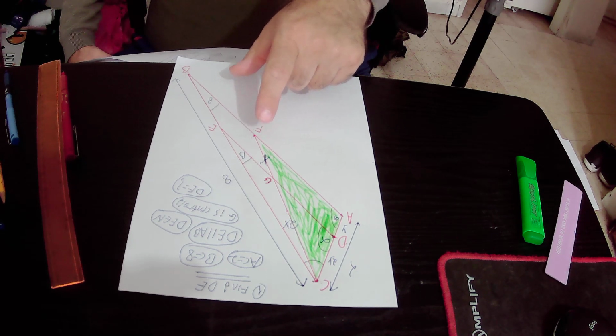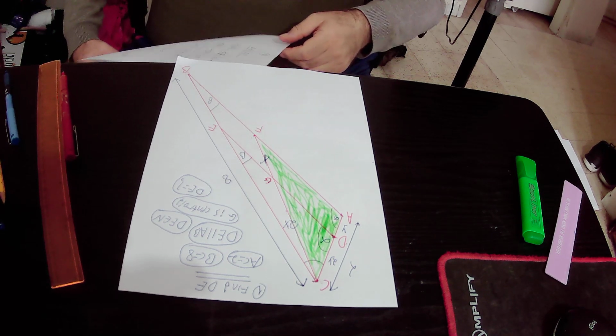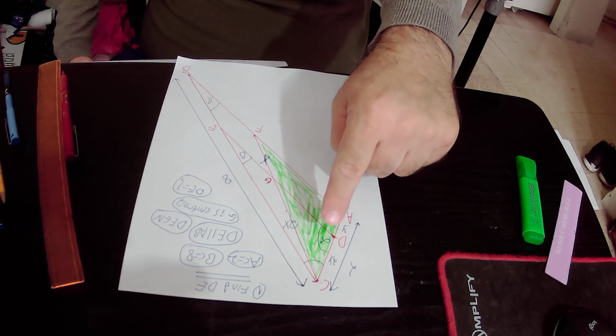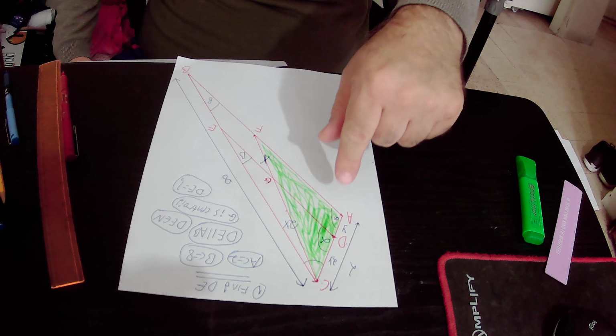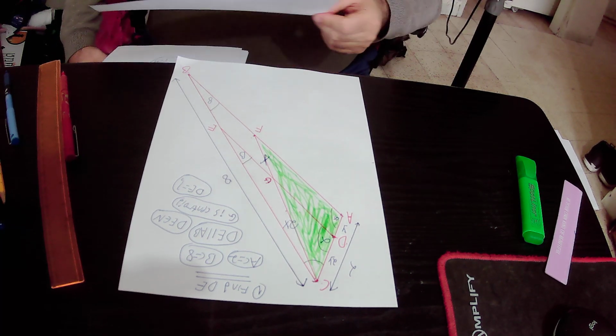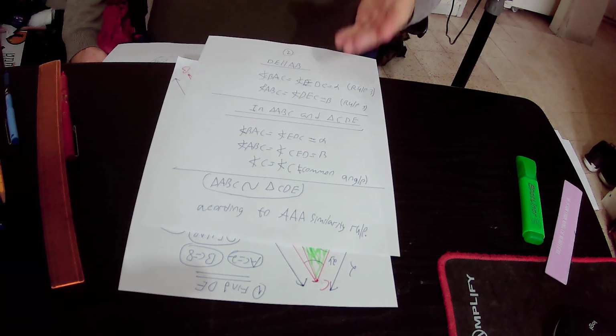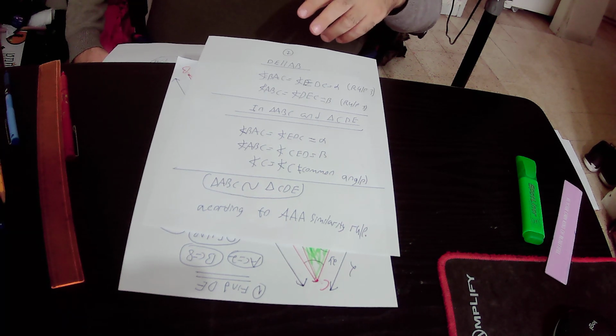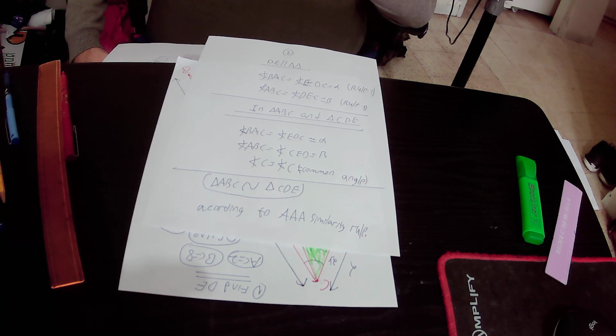And we have the third angle. The third angle C is a common angle. It belongs both to triangle CDE and to triangle ABC. Therefore, we can write down that angle C equals angle C, a common angle that belongs to both triangles. So we proved that the three angles of triangle ABC are equal to the corresponding angles in triangle EDC.